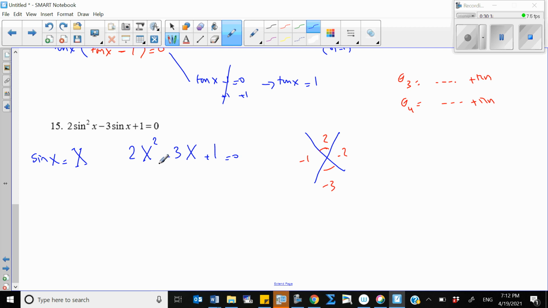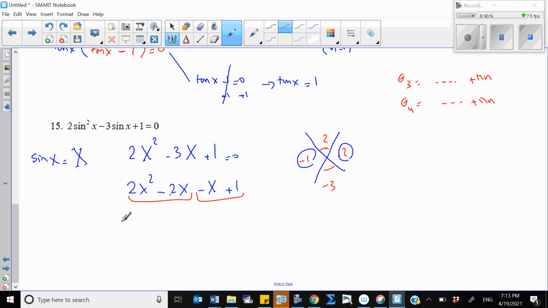So I can start factoring this. Since the a value is not 1, I can write this as 2x squared. The middle one is going to be written as -2x minus x. So -3x is -2x, which is this number, and -x, and that's this number, plus 1. And now I group them and factor.